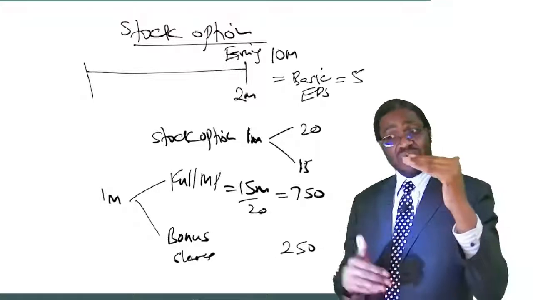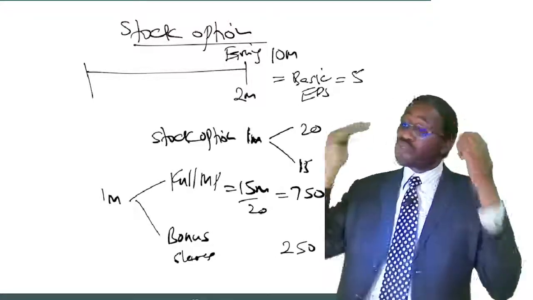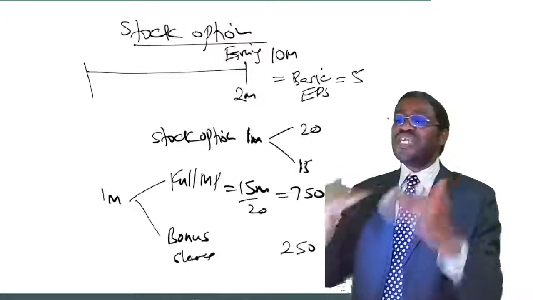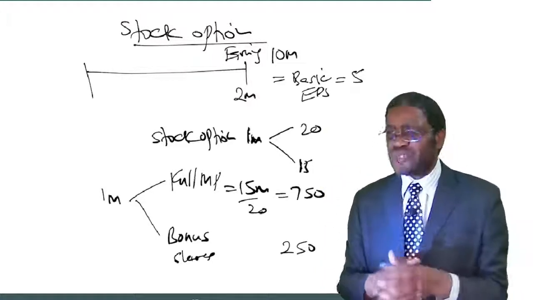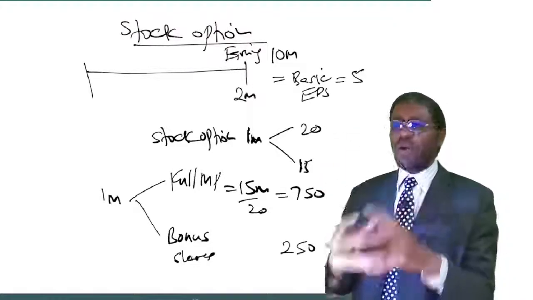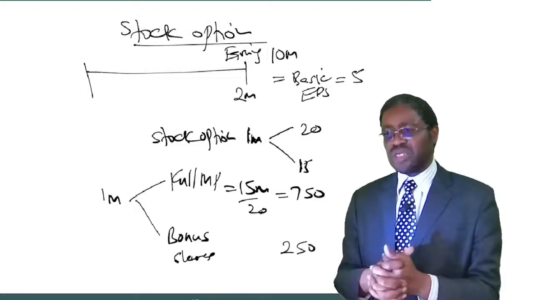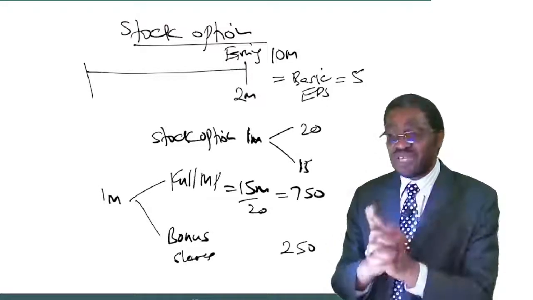Out of the 1 million, 750 they will buy at full market price. 250 will be given to them for free. So which of these two components do you think will dilute the interest of the existing shareholders? It is obvious, the ones that they are going to be given for free.